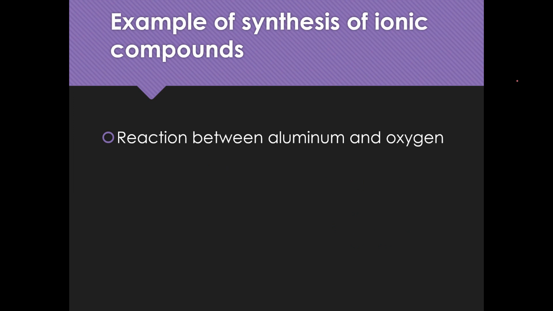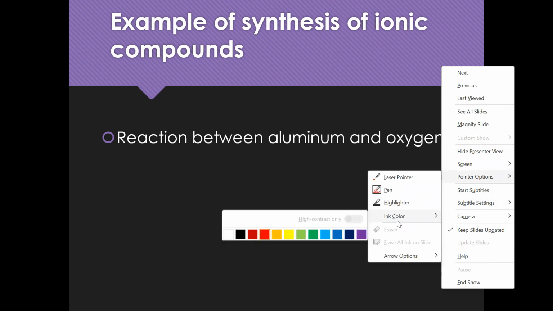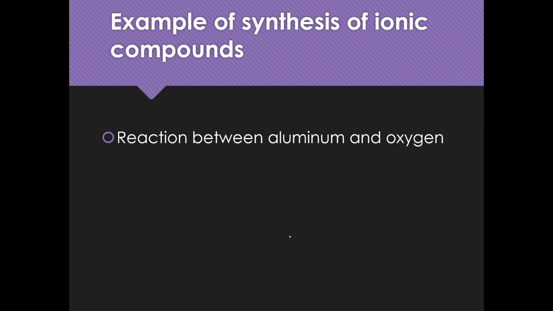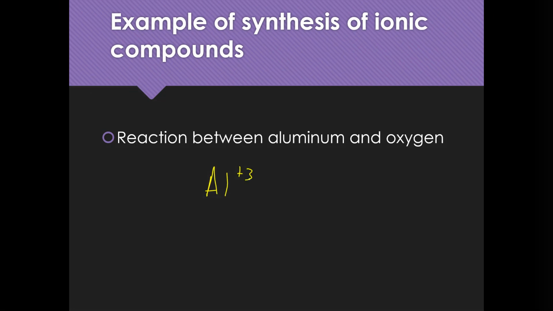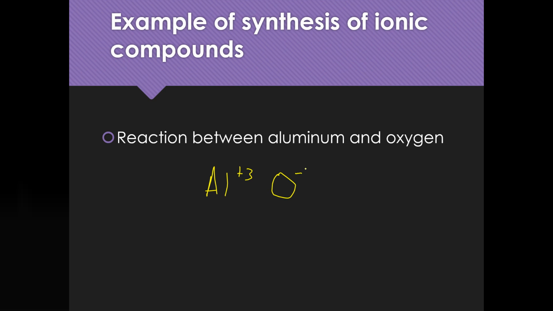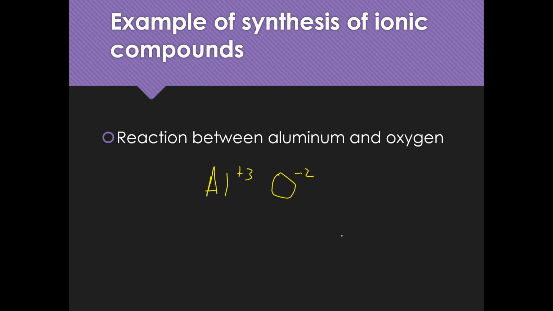Try another one. Reaction between aluminum and oxygen. We already did this one, but let's see how we do it with the crisscross. Aluminum is plus 3. Oxygen is minus 2. So we do our crisscross. We bring our 2 down. We bring our 3 down.